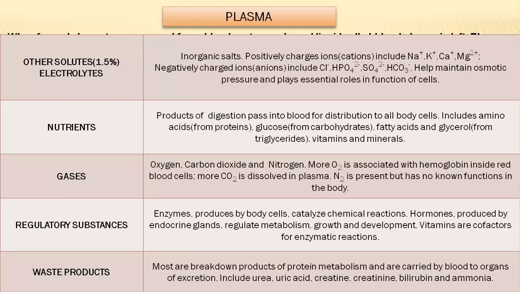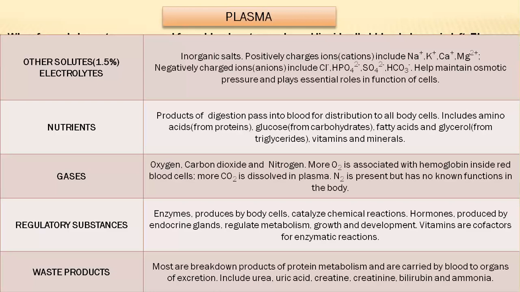These nutrients will be transported by blood to other cells. They will include amino acids from proteins, glucose from carbohydrates, fatty acids and glycerol from triglycerides, and vitamins and also minerals. So these are the nutrients that are found in plasma.